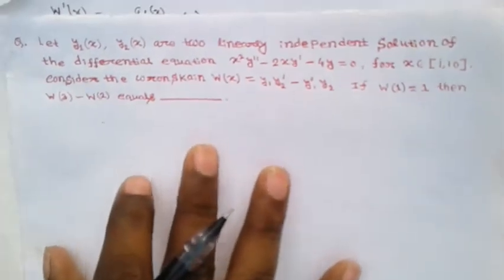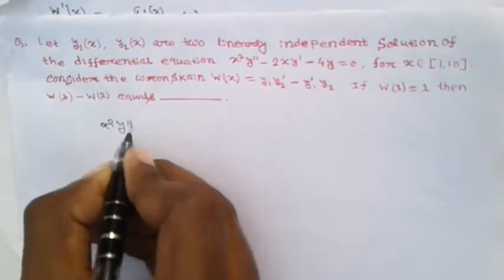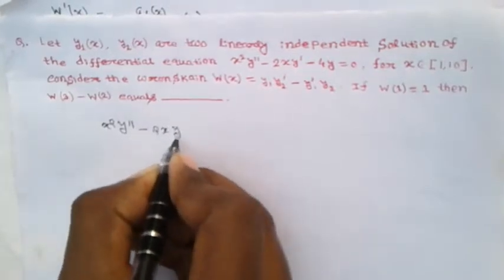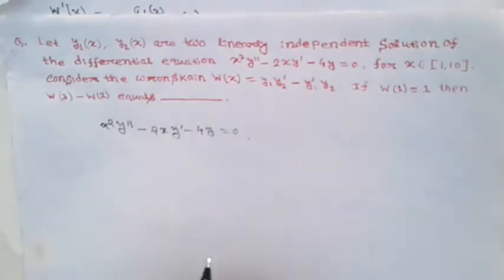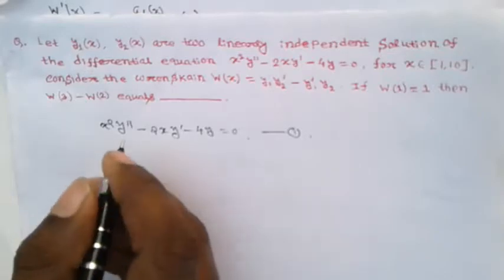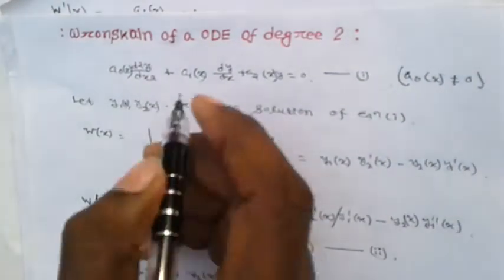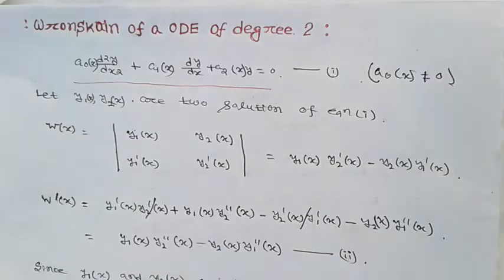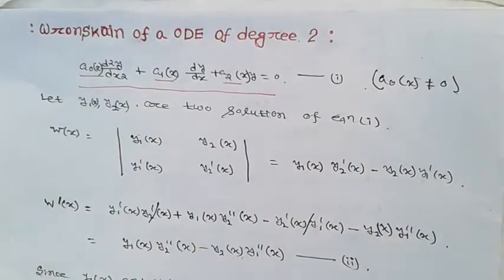First of all, we read the given equation, 2x y' − 4y = 0, and now we compare it with our given equation. We compare a0, a1 and a2 in the given problem.